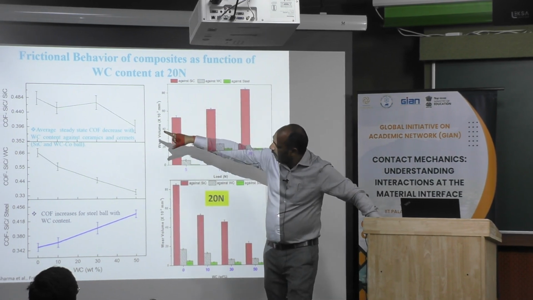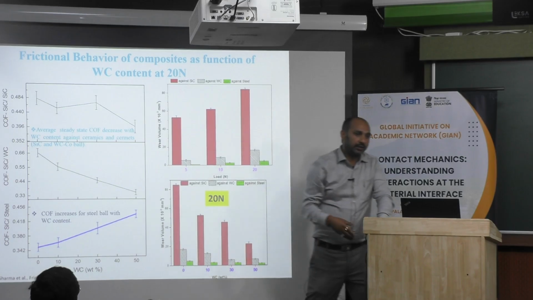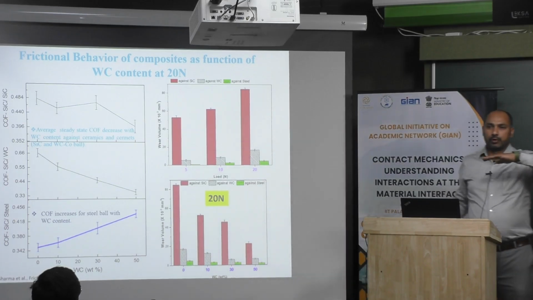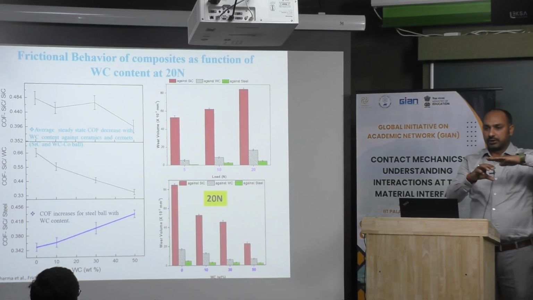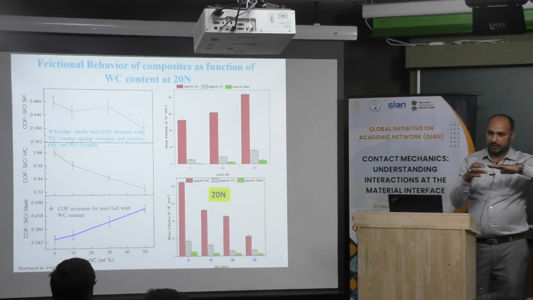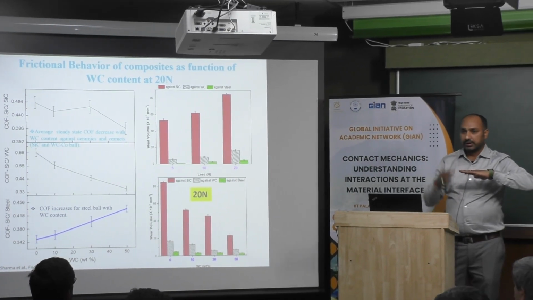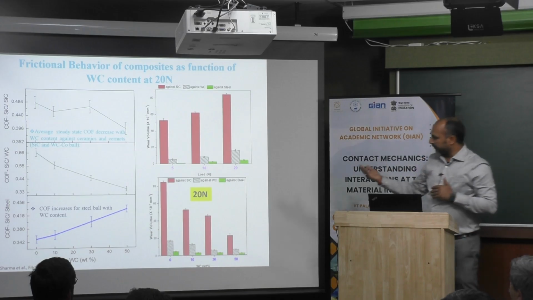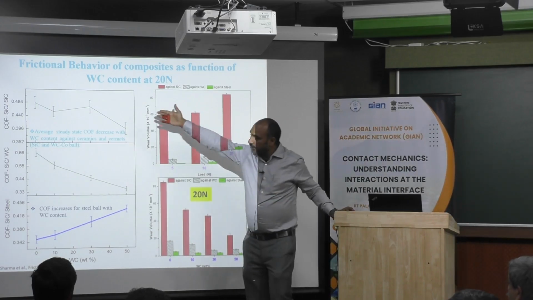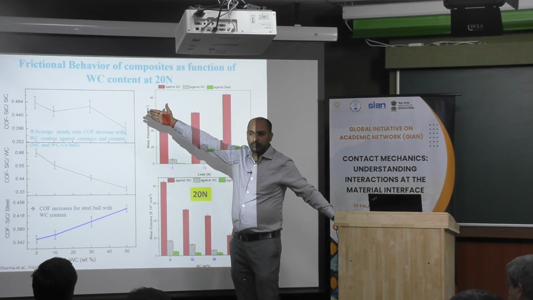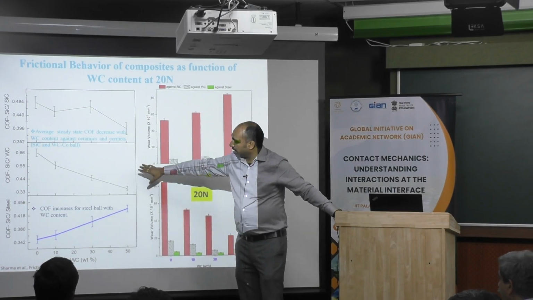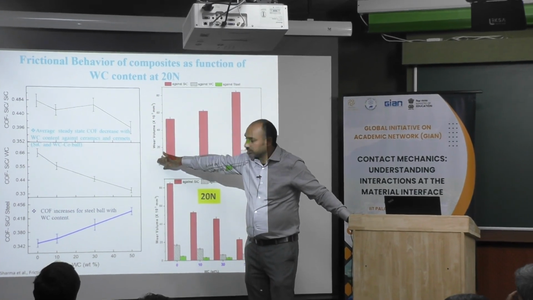What we found here is, for SiC, like yesterday Professor Nelius was saying, if the matrix is hard and the inclusions you are including are softer, friction will reduce. This is what we are seeing in case of silicon carbide against the tungsten carbide ball, it is continuously decreasing.